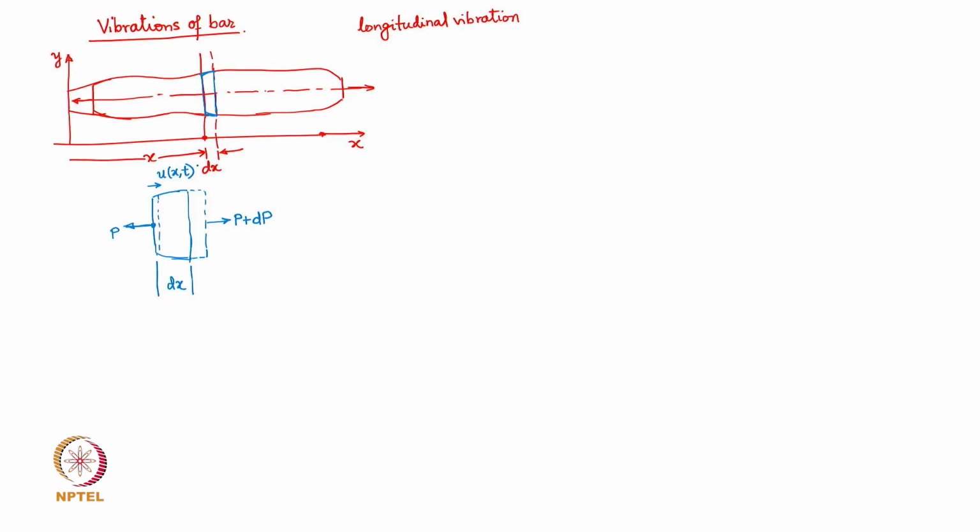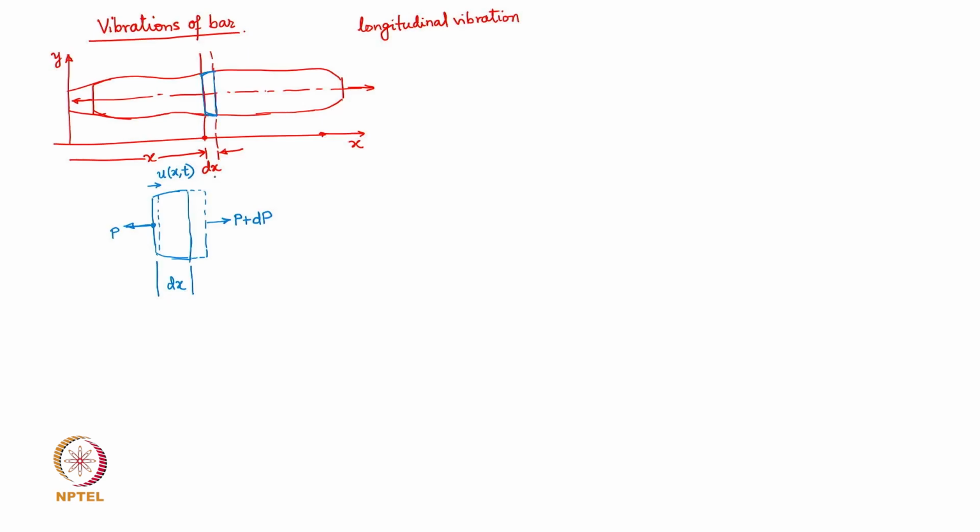Now the way we did it for the string case, here as well we will try to get the governing equation of motion by looking at the dynamic equilibrium of a small element of that bar. What will be the net force which is going to act in the direction of the acceleration?